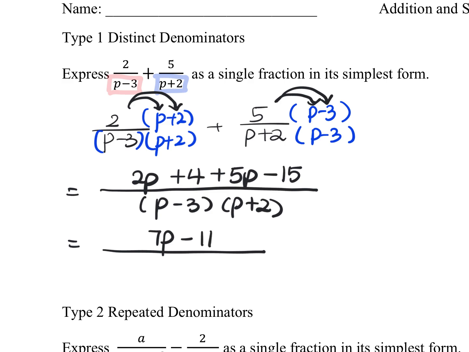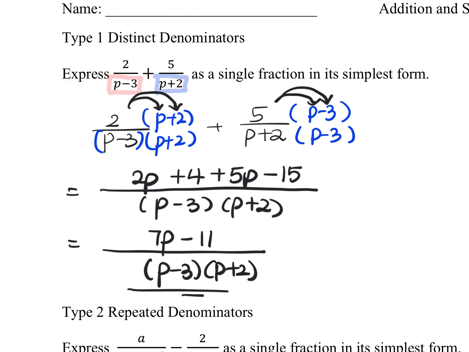Some students make a common mistake: they put 4 and 15 together and get negative 19 or something. So please make sure you use your calculator for your calculation. And for the denominator, always keep the denominator factorized. Try not to expand your denominator.